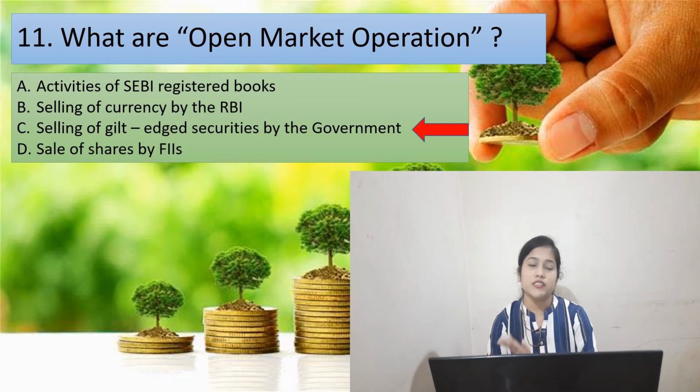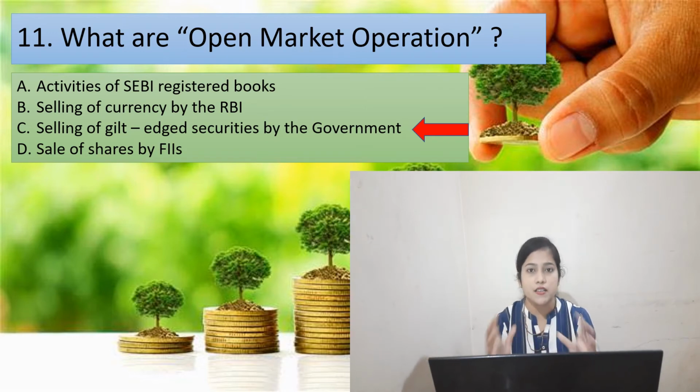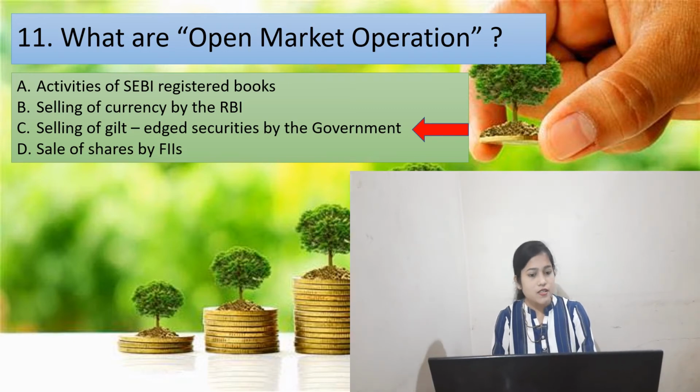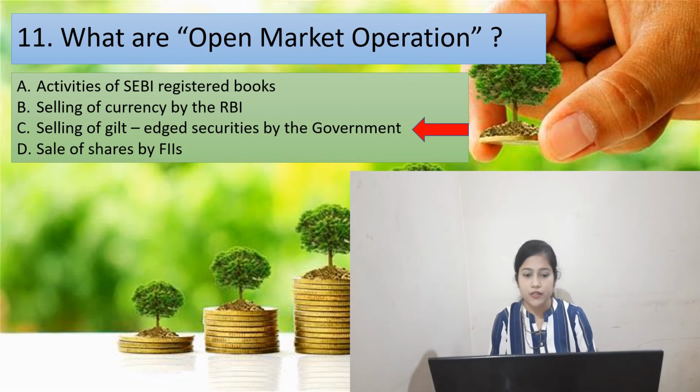Yes or no? So this is basically called open market operation. Only the purchasing or selling of government securities. Remember, open market operation means either purchase or sale of government securities in the money market. So here is your answer: selling of gilt-edged securities by the government. Clear? Okay, moving to the next question.